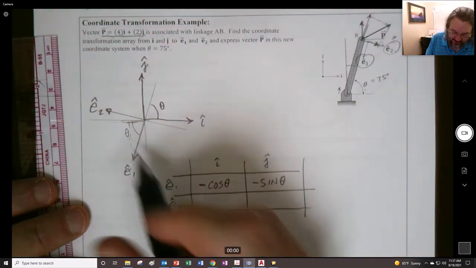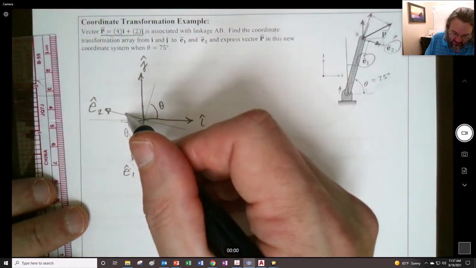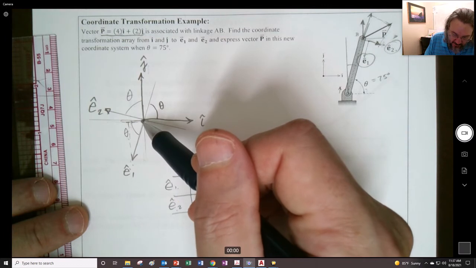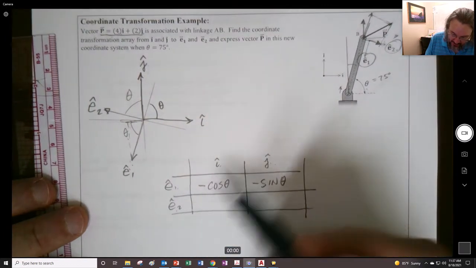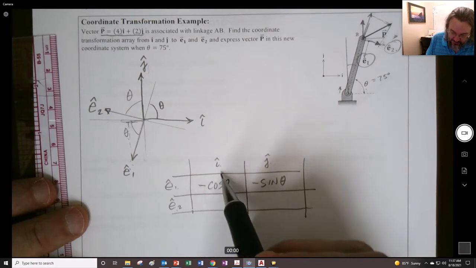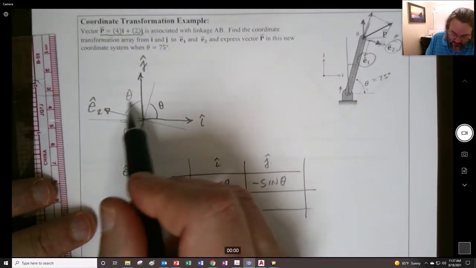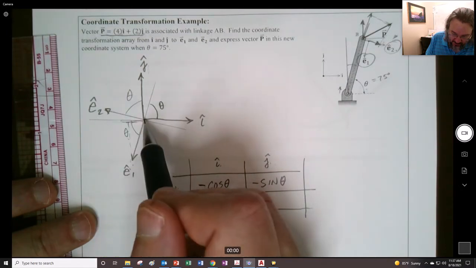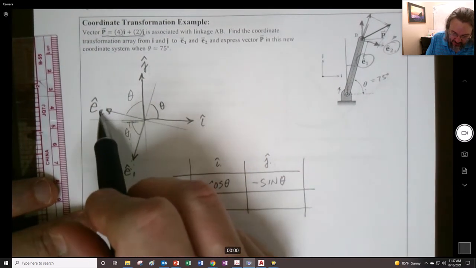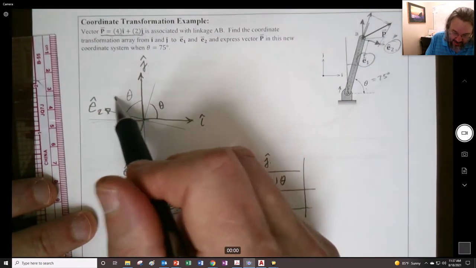Now take the E2, right? And maybe it'll help us to put the theta right there. And so in the i direction, we can actually just, at this point, kind of guess a little bit, but we'll see in a second where maybe guessing would have been right. We note that this is going to be in the negative x direction, right? E2 is going that way, and it's opposite from the angle.